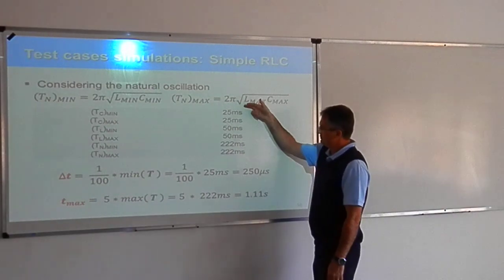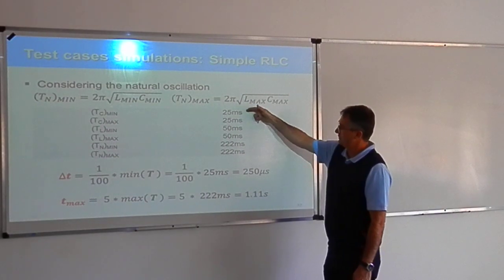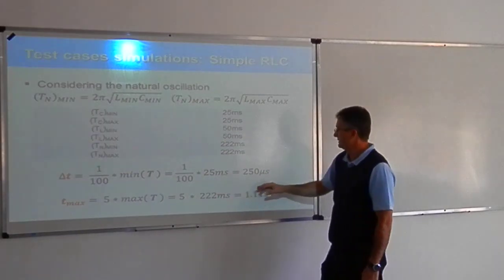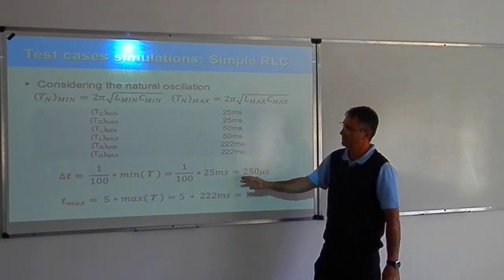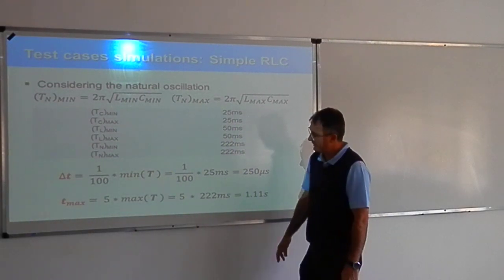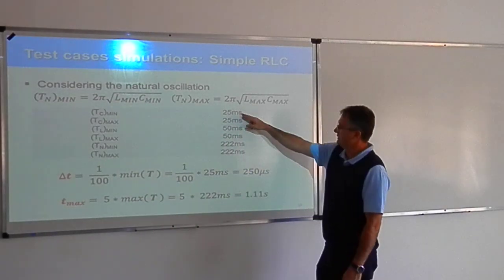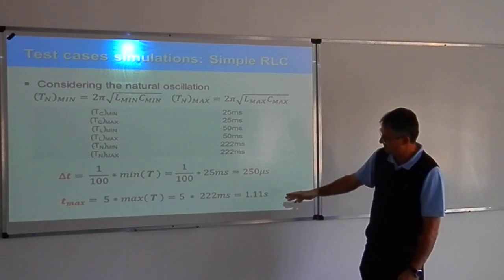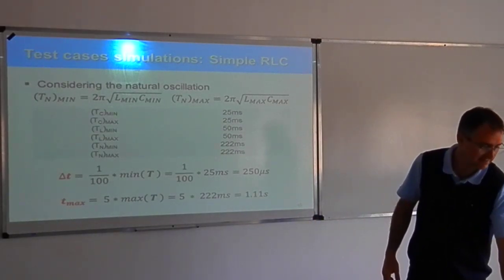And with those sorted values in ascending order, we select the minimum and take 1/100. And that gives us an idea of what would be an optimal delta t. If you take 5 times the maximum value in this table, we end up with a tmax of 1.11 seconds.